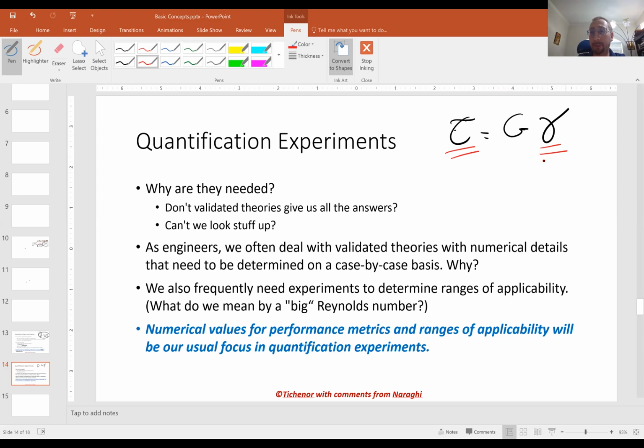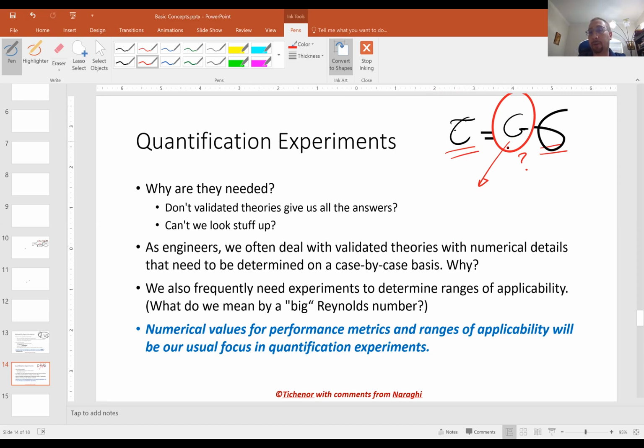But if I want to use that as a basis for design of my structure, I still need to know this. I need to know what this guy, the shear modulus, is. So the experiment I do for this guy is an experiment to quantify this value.